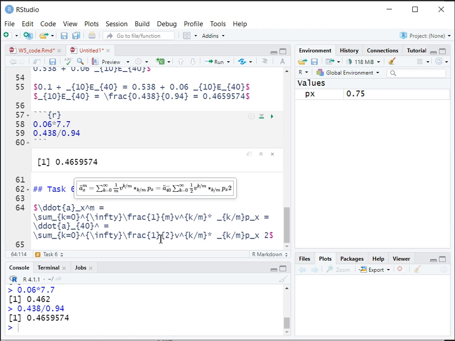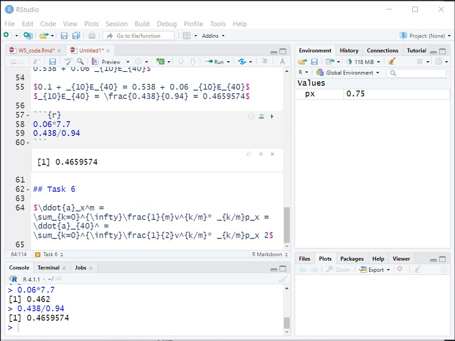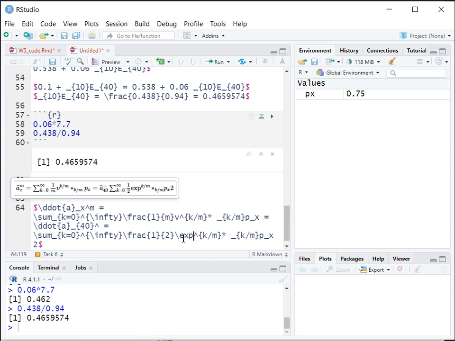Then v to the power of k over m, this can be written as an exponent to the power of delta, which is given as delta equals 0.07, and we can place here minus 0.07 times k over 2.